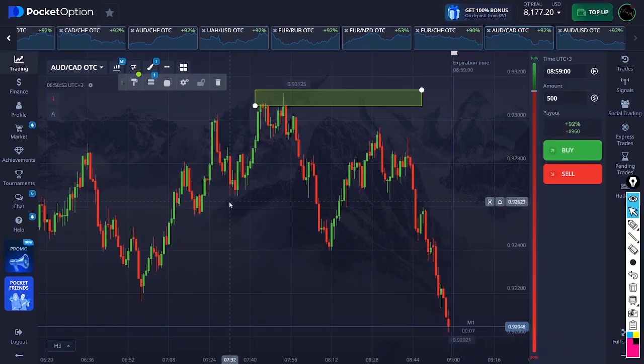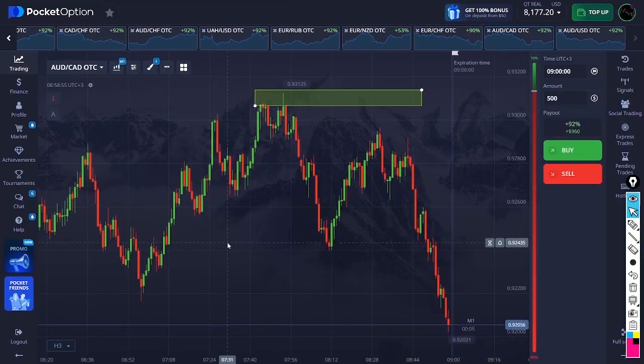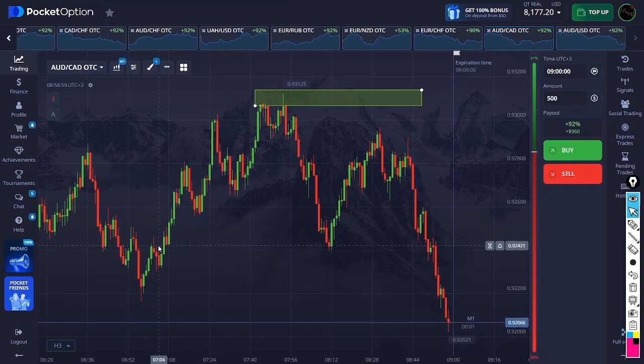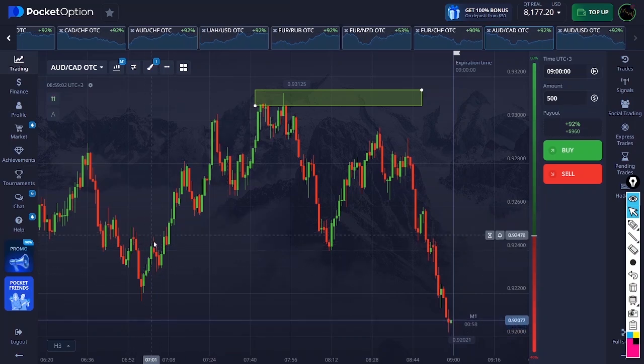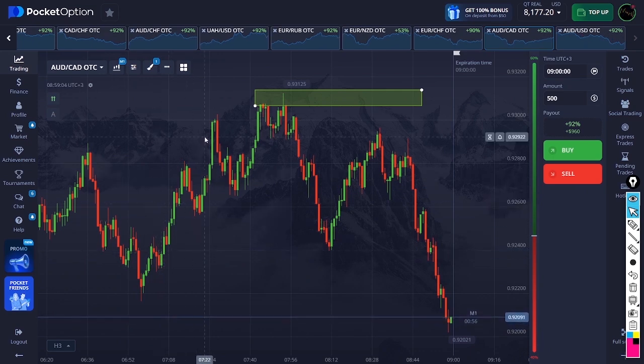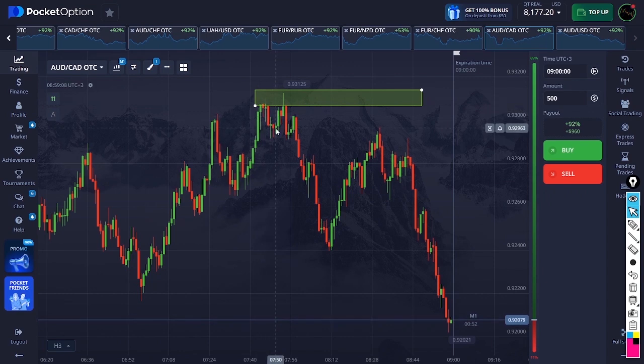So the question is, how do we use this pattern to trade in binary options? As you can see here, we have a very beautiful uptrend. Then getting to this point, we created a lower high, but we didn't create a higher high.